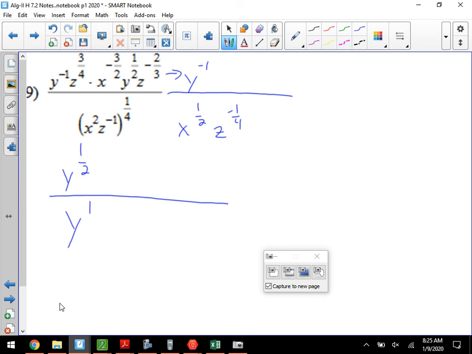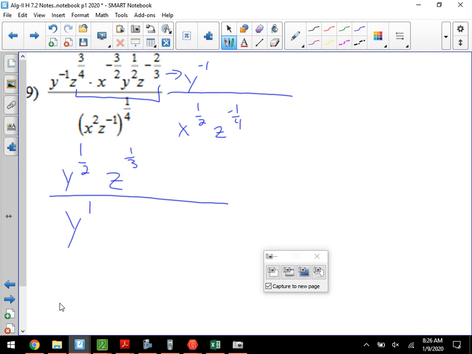After the y values, then we have z's. So I have 3/4 and negative 2/3. If I combine those real quick, I'm going to bring a 4th up. So I have z to the 4/4, so z to the first, and then I have z to the negative 2/3. What's z to the first times z to the negative 2/3? 1/3, right? So the z's are taken care of in the numerator.